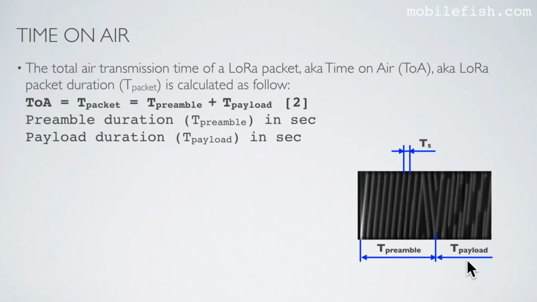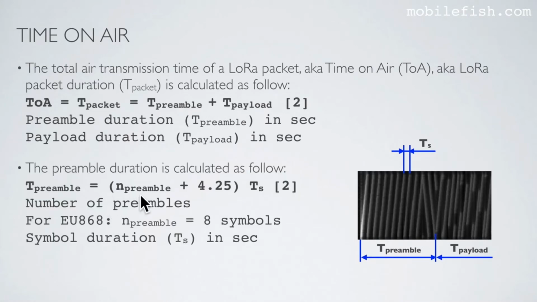In this picture, only part of the payload is displayed. The preamble duration is calculated using this equation. This is the number of preambles plus 4 1/4 times the symbol duration, and this is the symbol duration. For the AU868 band, the number of preambles equals 8 symbols.